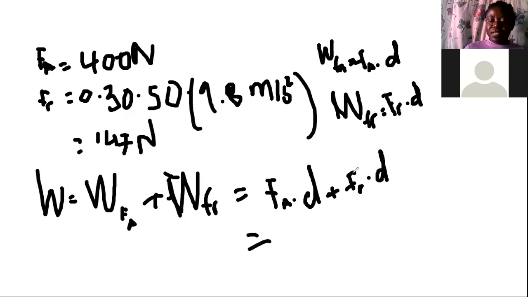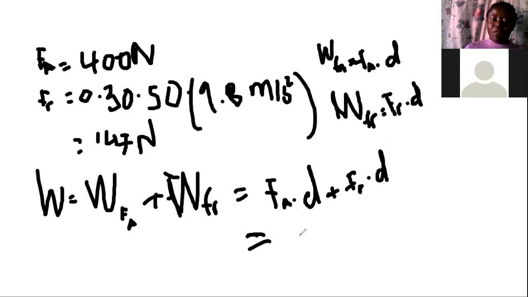Okay, remember that the direction of the frictional force is always negative, because it always opposes the motion, depending on which axis you took. So in our case, we take our positive x-axis to be on the right.